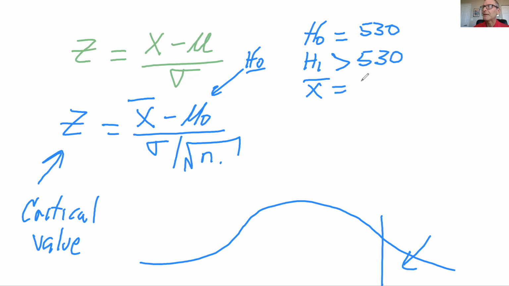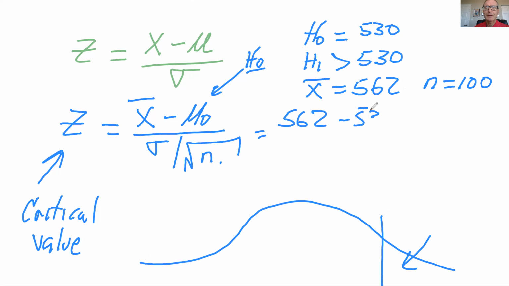We had 562 for the mean, and there were 100 students that were used in our sample. So plug all these numbers in. Let's see what we get. 562 minus 530 divided by, again, the population standard deviation is known, and that's what you use.